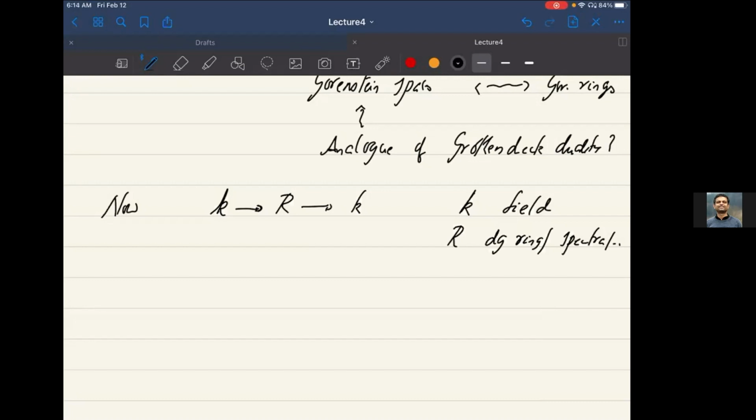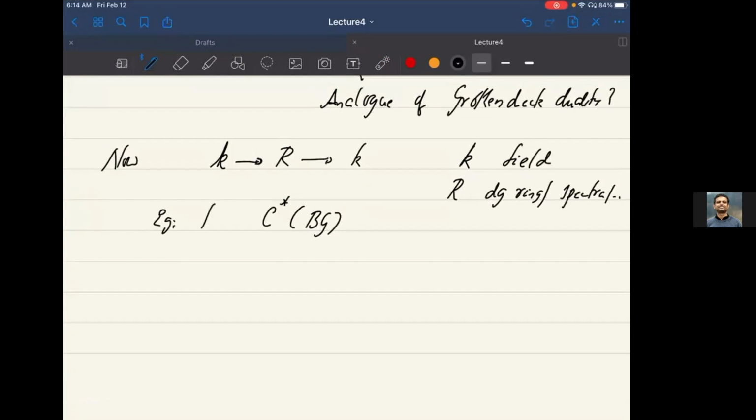So the crucial example for me on the topological side of things would be cochains on BG, which you can interpret as a spectra by looking at the mapping spectra from the classifying space of G into the Eilenberg-MacLane spectra of K. So this would be a crucial example with coefficients in K. So G is a finite group or something more exotic like a compact group.